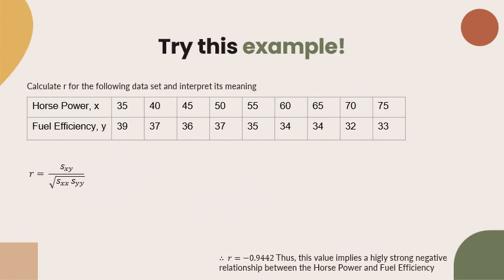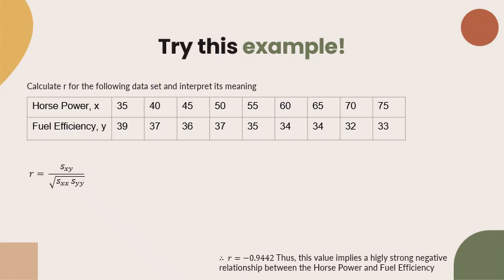Now, based on the example I have discussed, please do this example, which relates horsepower as the independent variable and fuel efficiency Y as the dependent variable. Please recall how to determine SXY, SXX and SYY and substitute into the formula of R, SXY over the square root of SXX times SYY.